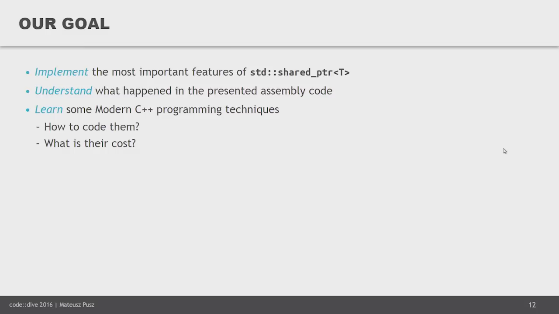And besides that, I hope that we'll be able to learn some new or interesting patterns that are being used in modern C++ currently, named things like empty base optimization or resource acquisition initialization, of course, and other idioms being used.